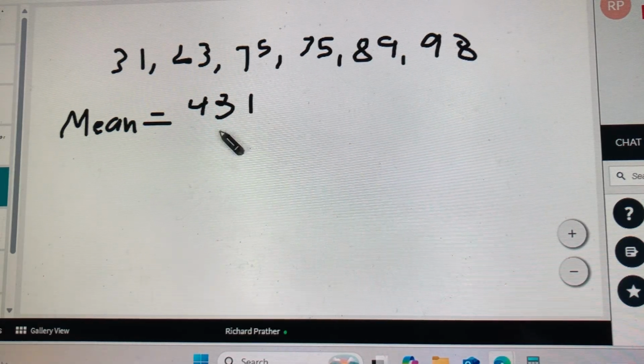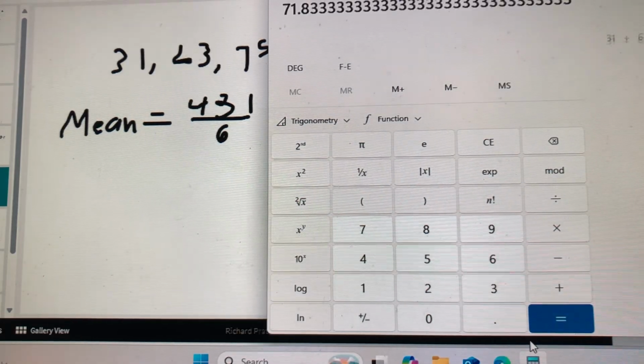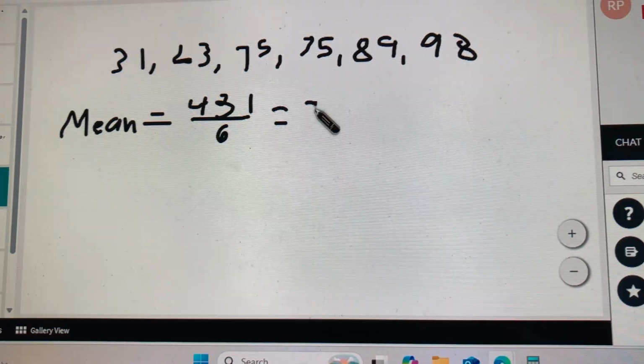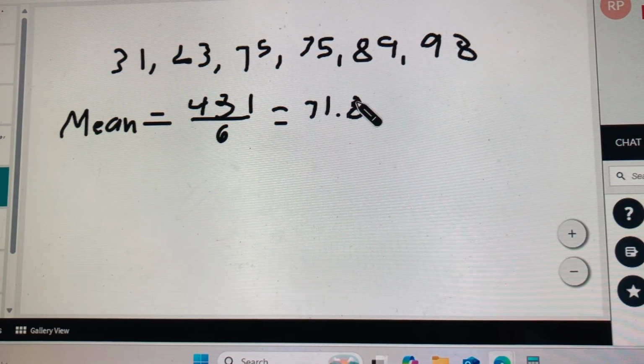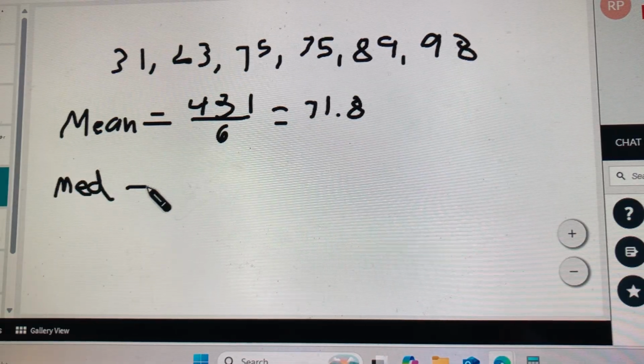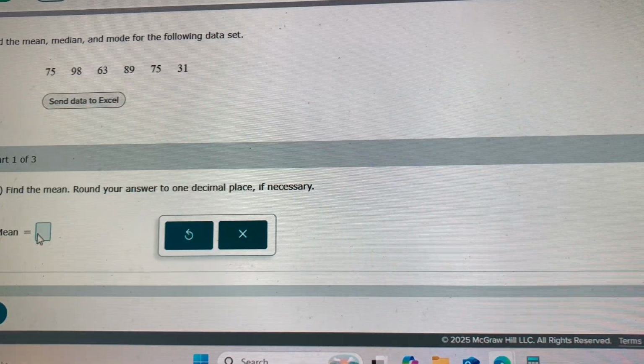There's 6 numbers here, so I divide by 6. 71.8. Okay, median. Put this answer in, 71.8.